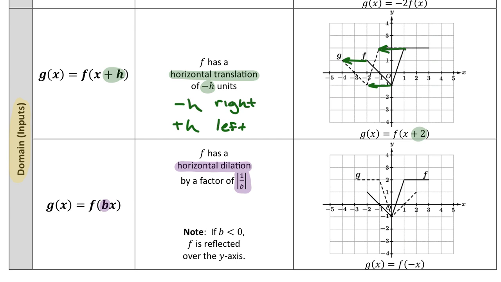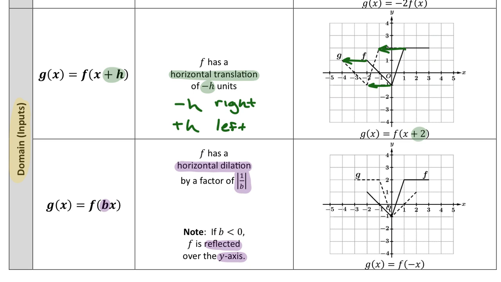And then because we're combining what last year you separated, reflections and dilations, we are not separating them in this class. If b is less than 0, that's a reflection over the y-axis. So it flips over the y instead of flipping over the x.